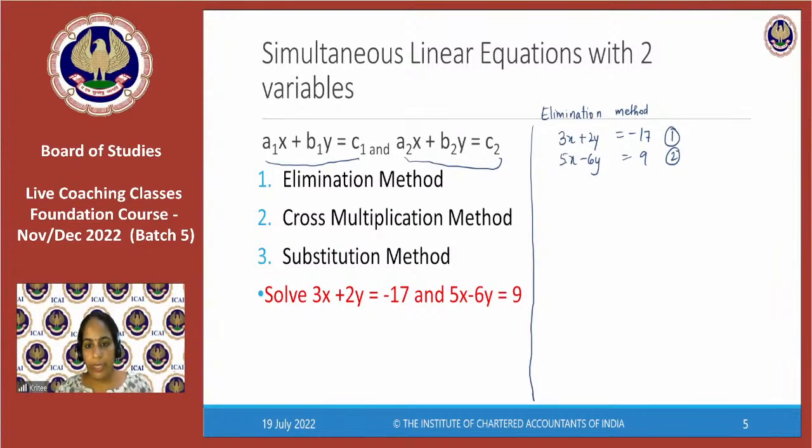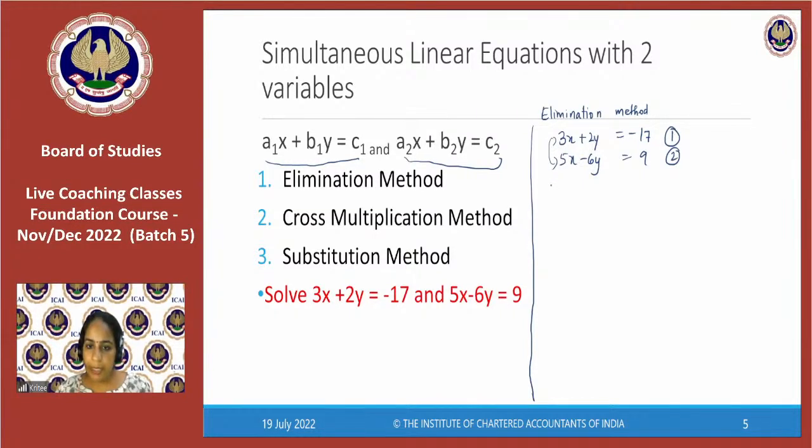In order to eliminate one variable, we must make the coefficients the same. So either the x coefficients 3 and 5 are made the same by taking the LCM of these two numbers and then adding or subtracting, or you may even eliminate y by making 2 and 6 the same.